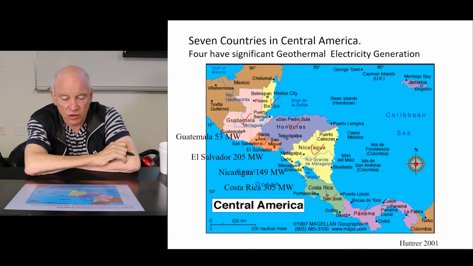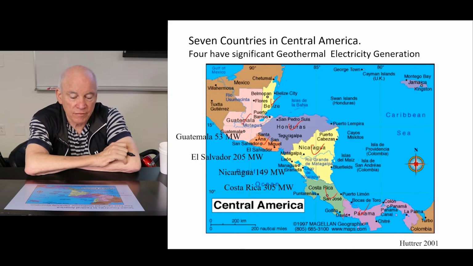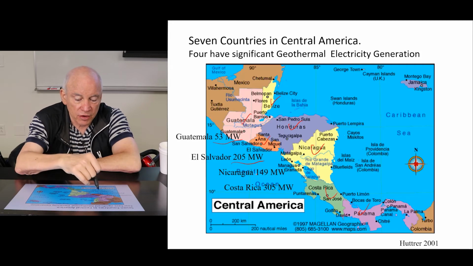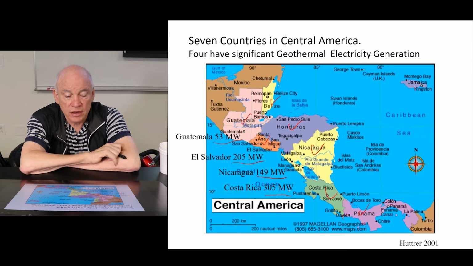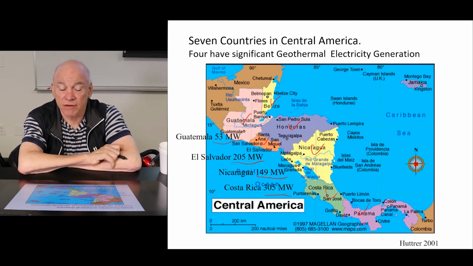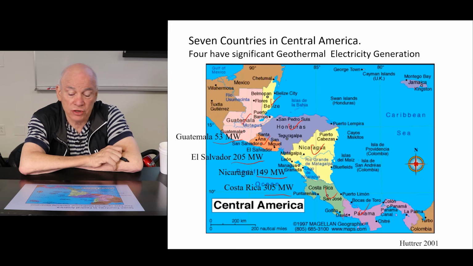It doesn't have any volcanoes, but here are the ones that have the significant amounts of geothermal energy. Guatemala has 53 megawatts of capacity, El Salvador has 205, Nicaragua is 149, Costa Rica 305. Those are still added up together much less than one Comanche Peak power plant, but still they're generating very significant percentages of their total electrical needs.